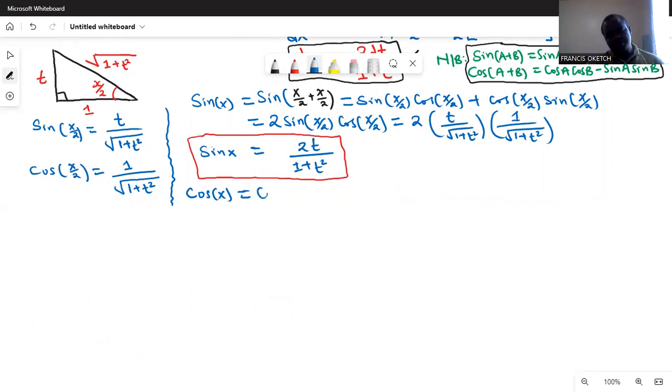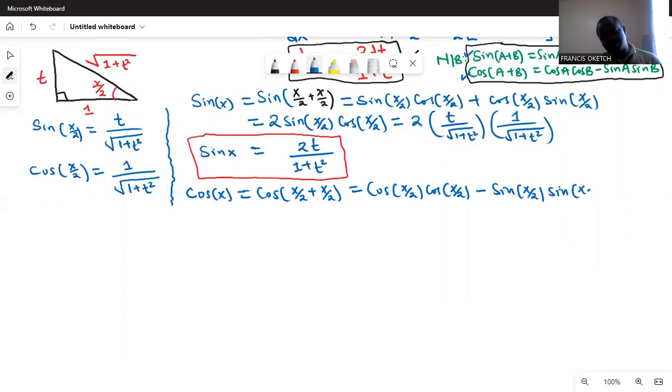This is the same as writing cos x over 2 plus x over 2. And when you use identity number 2, the first one was for sine A plus B, if you use the identity for cosine A plus B, this will give us cos x over 2 times cos another x over 2 minus sine x over 2 times another sine x over 2.